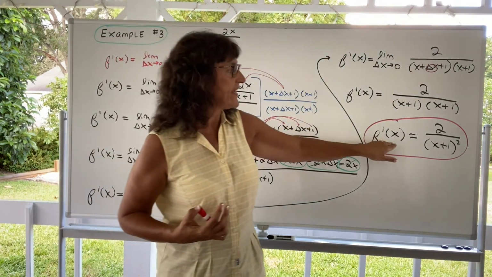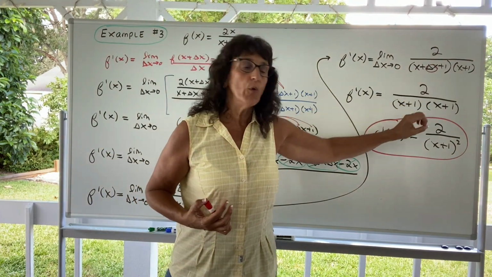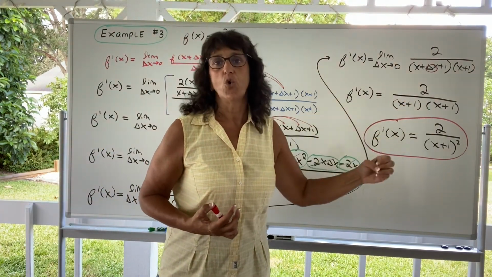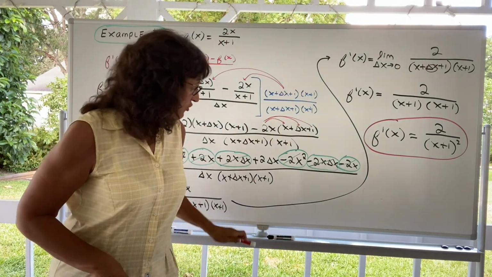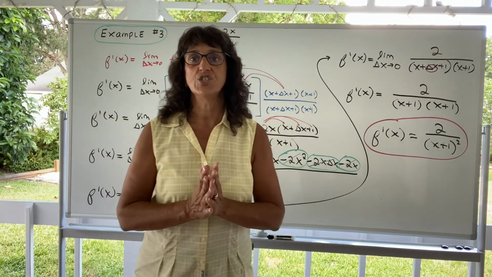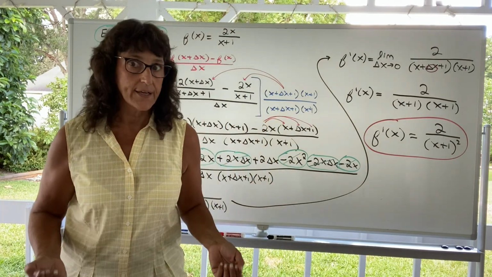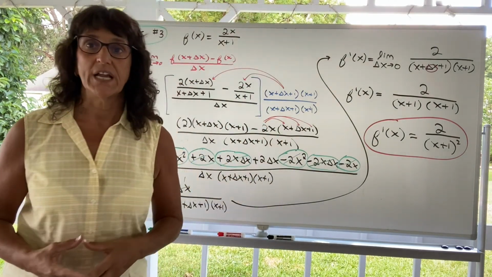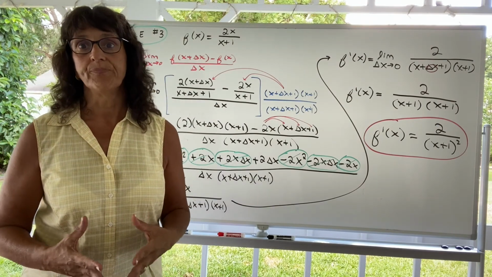The derivative of that function is 2 over x plus 1 quantity squared, okay? So here's 3 pretty involved examples of how to use the definition of derivative in an algebraic sense with some quadratic functions and with a rational function.